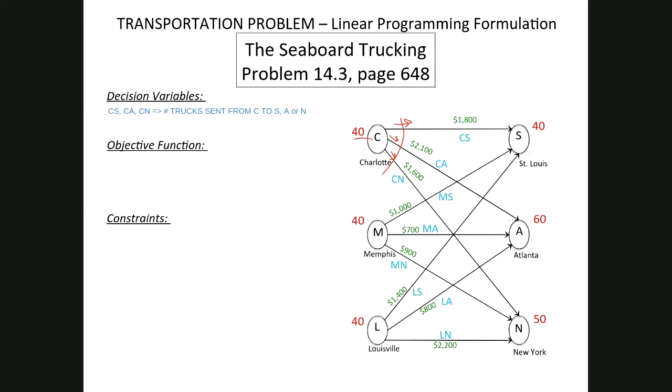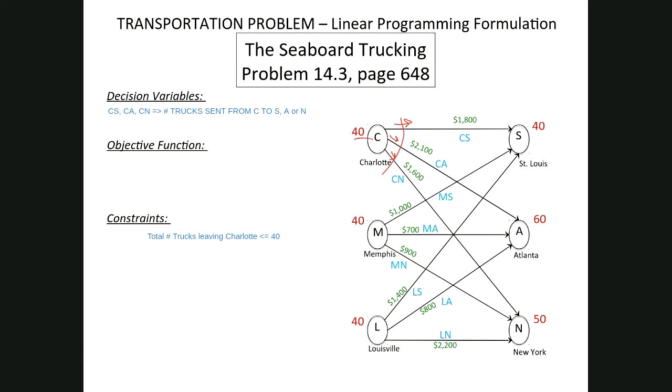So our constraint then becomes, what you want to ask yourself, what is the total number of trucks leaving Charlotte? And we know that has to be less than or equal to 40 trucks. So how do we calculate the total number of trucks leaving Charlotte?